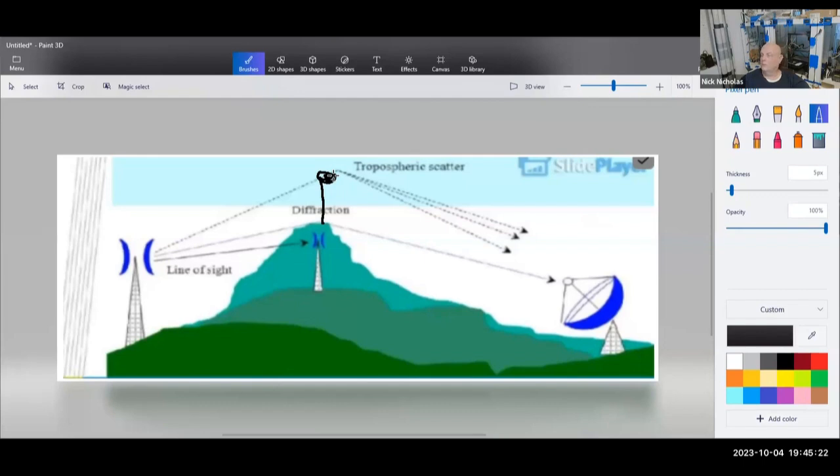And since everyone listens on that offset frequency and transmits on the repeater receive frequency, we all hear each other. And we can extend the range of our signal hundreds of miles, hundreds of square miles through repeaters.